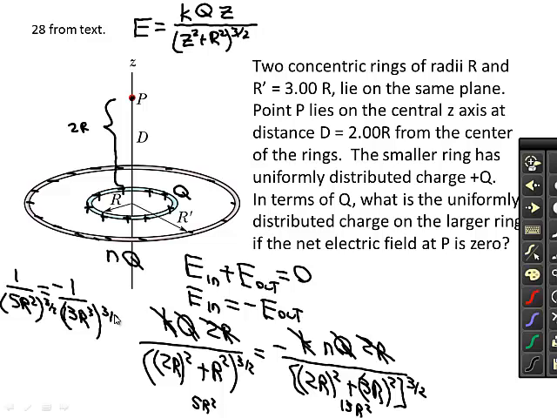And then you realize right away that the R squareds are now going to go away. Oh, I'm sorry. I forgot my N on top here. We're trying to find N, the multiple.